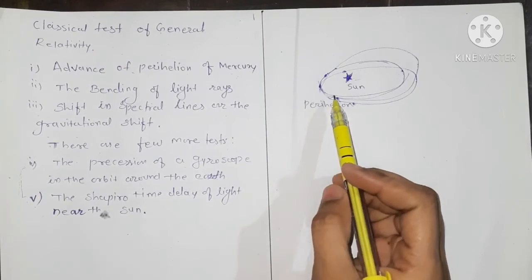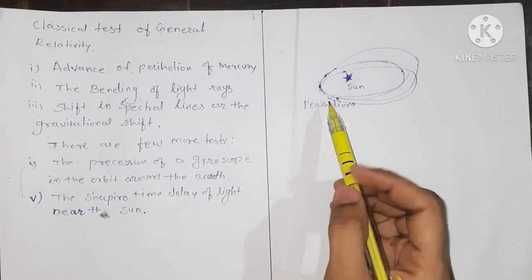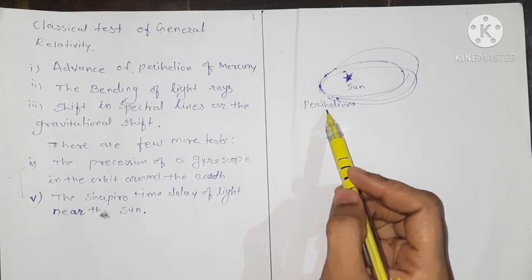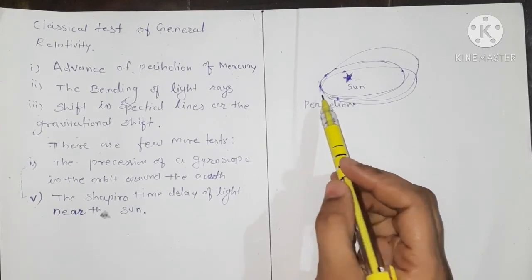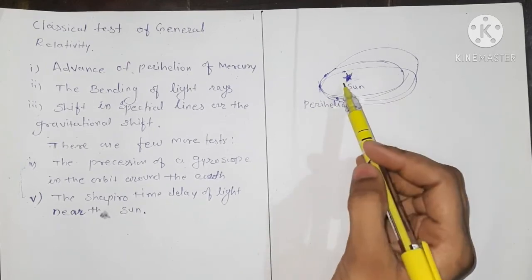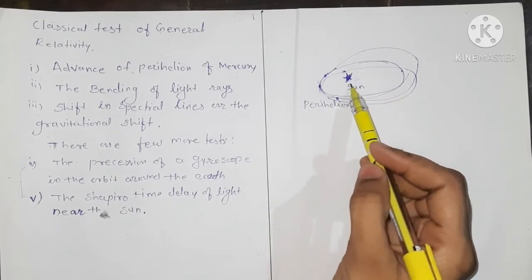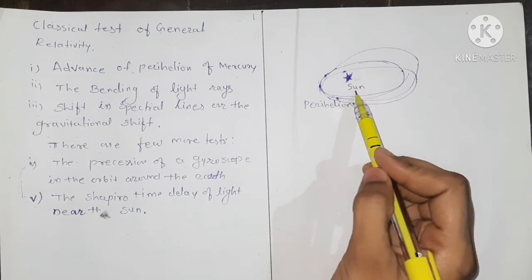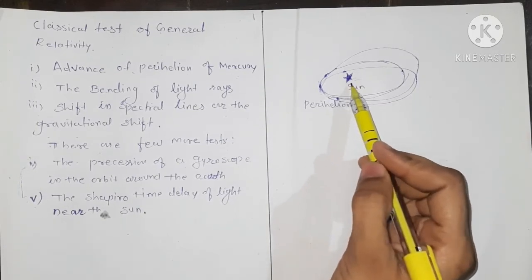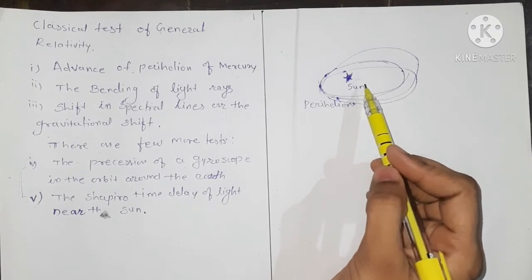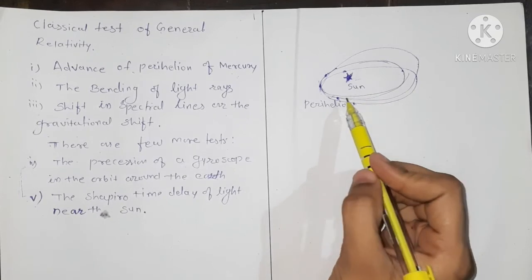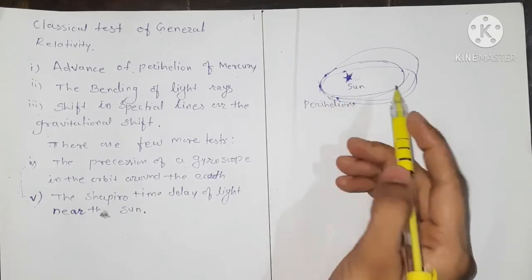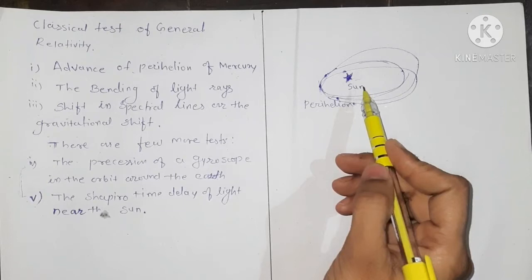This perihelion shift occurs due to the disturbance of the other planets in the actual orbit of a given planet, due to the curvature of the space-time of the Sun, that is, the Sun's own gravitational field, and the disturbance of the other planets.